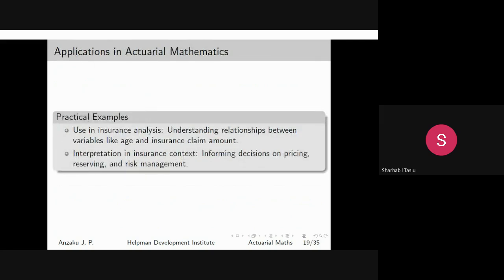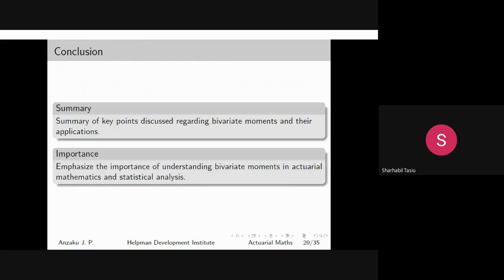In natural science or natural mathematics, we use these moments in insurance analysis to understand the relationship between variables like age and insurance claim amount. We also use bivariate moments in the interpretation of the insurance context, to inform decisions on pricing, reserving, and risk management.